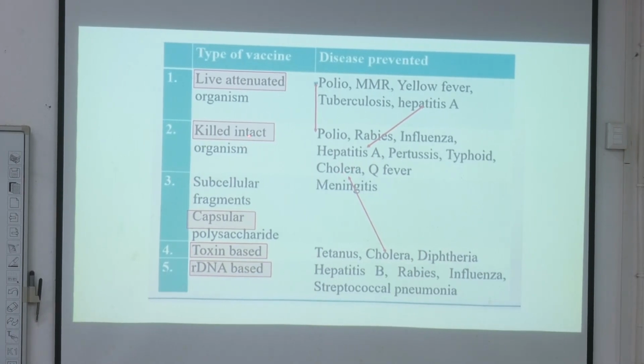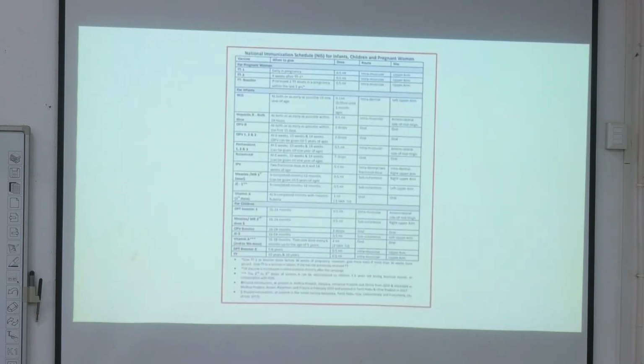Cholera, again we have an intact killed vaccine, and a toxin based vaccine. Tetanus toxoid which we take is basically a toxoid based vaccine. Diphtheria, a toxoid based vaccine, and recombinant DNA. We use recombinant DNA for hepatitis B, rabies, influenza, streptococcal, and of course of late the COVID vaccine.